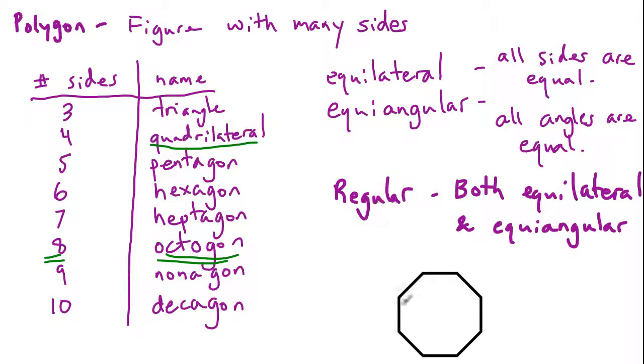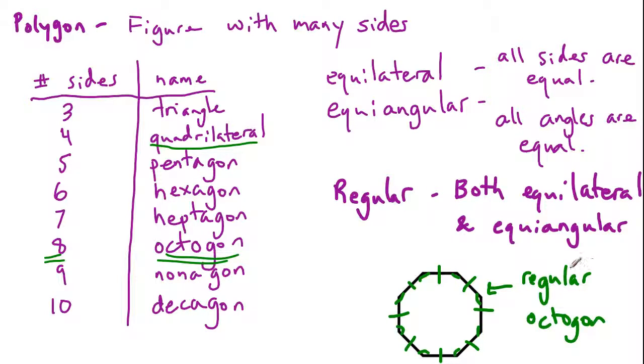We could label that all of the sides are equal. And notice all of the angles are equal as well. Okay, so this right here, we would call this a regular octagon. Okay, so those are the big words.